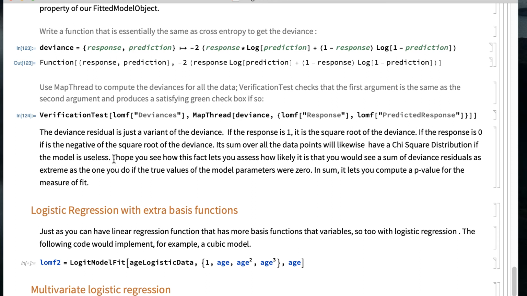And that lets you compute a p-value for how well your regression has done, because you have a distribution, chi-square, if the null hypothesis that the model is useless is true. You have a sum of deviances as a statistic, and you can now see how likely it is that you would get a result as large as the deviance that you do if the null hypothesis were true. That lets you compute a p-value for your measure of fit.